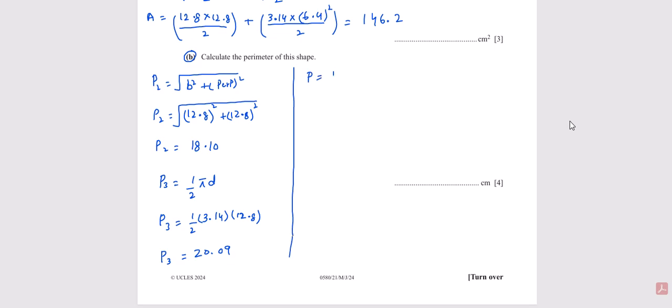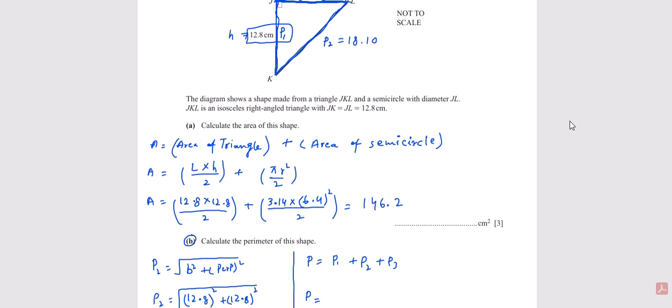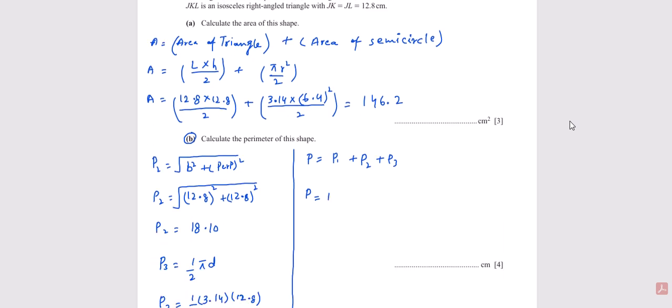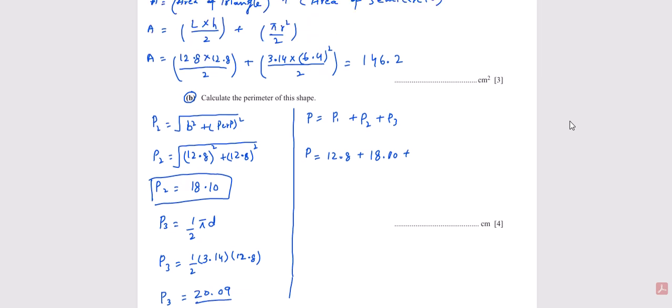So by the definition of perimeter, sum of all the sides, P is equal to P1 plus P2 plus P3. The value of P1 is 12.8 and P2 is equal to 18.10 plus P3 is 20.09.